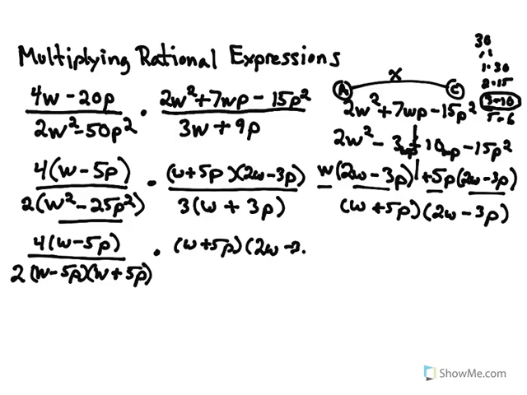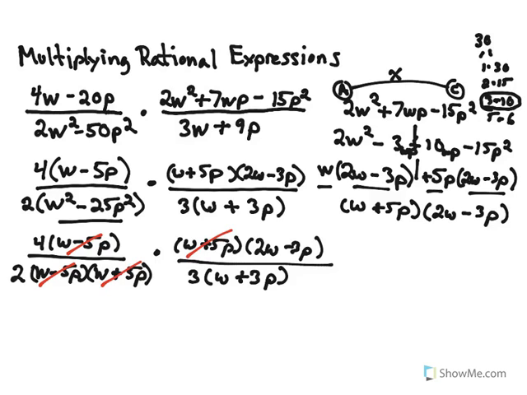So I'm just rewriting it. And then now we cancel like terms, like factors, okay? So looks like I can cancel quite a bit here. W minus 5p, w minus 5p. I can cancel w plus 5p, w plus 5p.